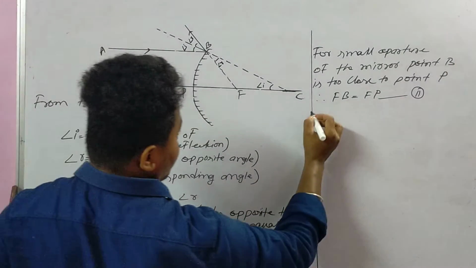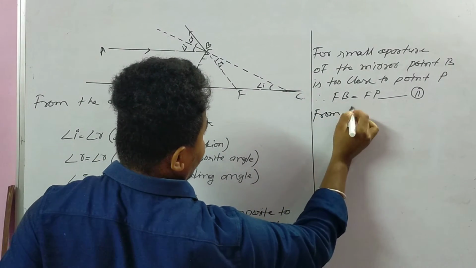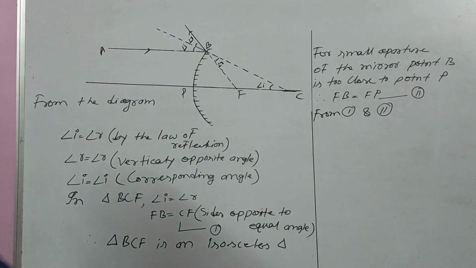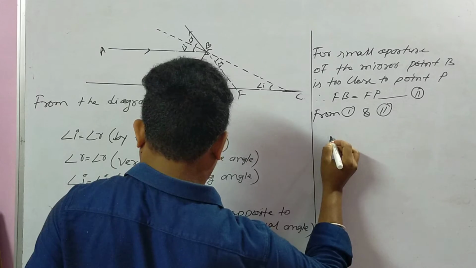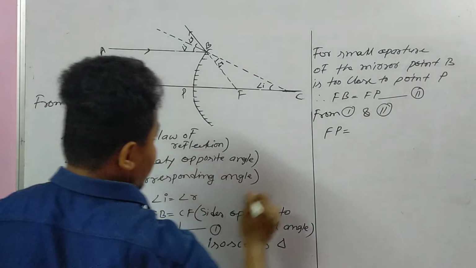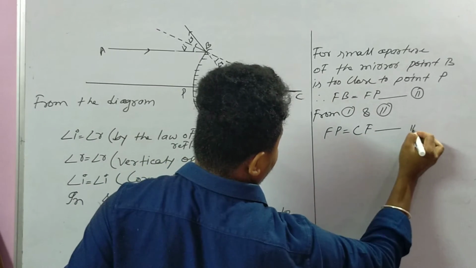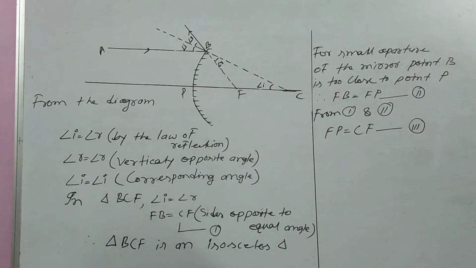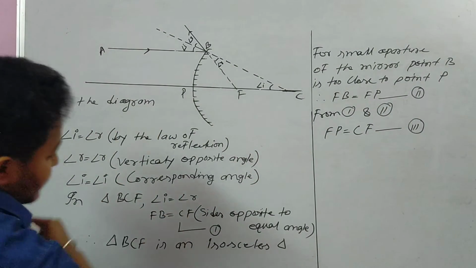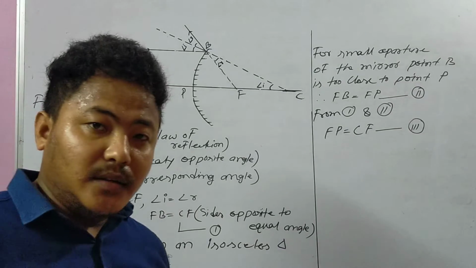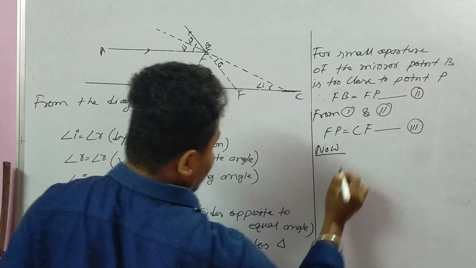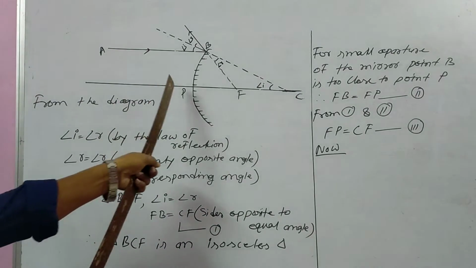Now from 1 and 2, what can you find? FP is equal to CF. This is number 3. FP is equal to CF from equations 1 and 2. Now, all distances are measured from the pole of the mirror.